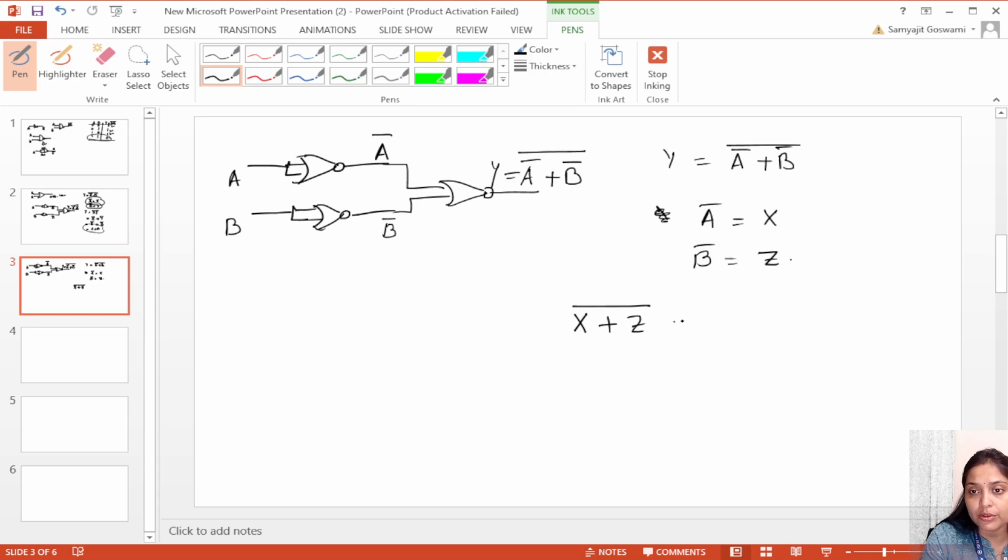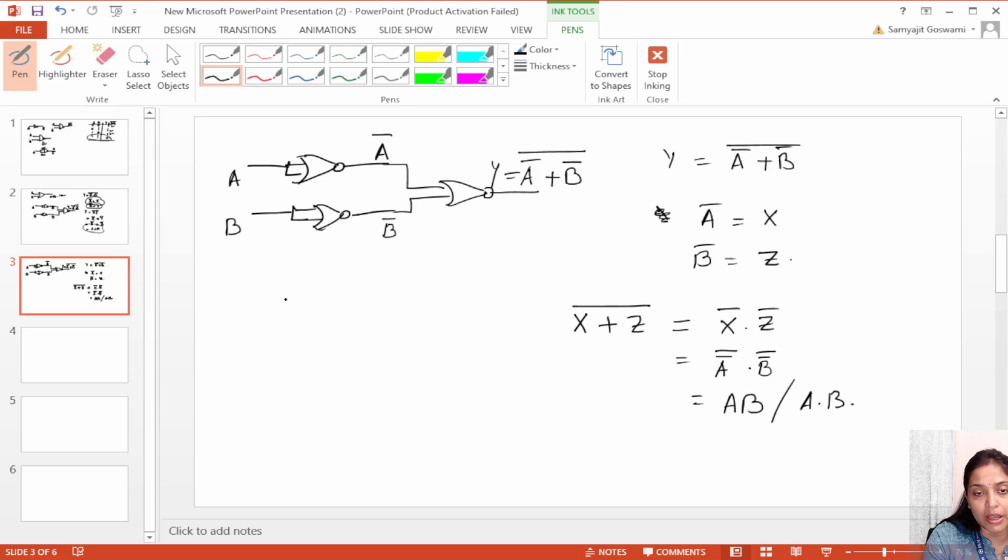According to De Morgan's law, it will be X bar dot Z bar. Now we put in the values: X is actually A bar, with another bar on it, and Z is actually B bar, with another bar on it. So it will come out as A B, or we can write A dot B.